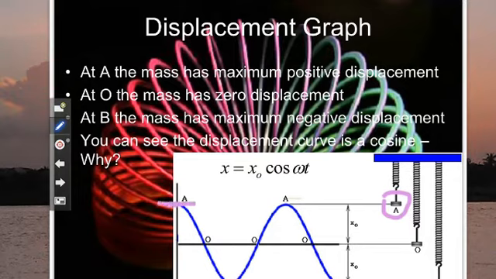And we let it go, and it's going to fall. It's going to pass through the equilibrium position O. This is where everything's balanced. On our graph, that's going to be the x-axis. It passes through the x-axis, the equilibrium position, and it's going to fall until it gets to B.